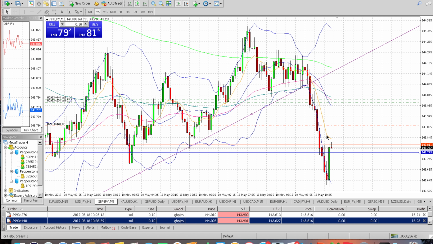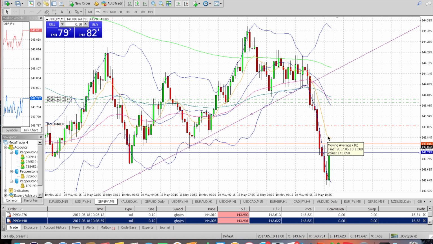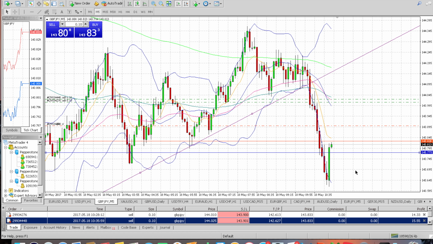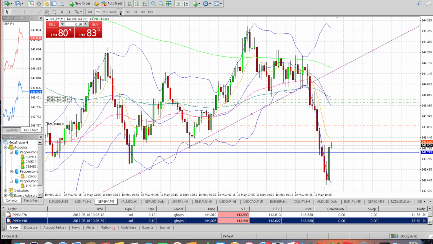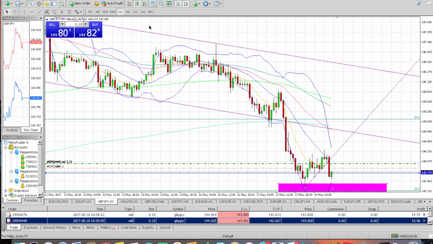So as you can see here, it's somehow in the region of the moving average 10. So as it seems, some sell limits are placed here and some sellers coming in again, and this could drive the price even lower.